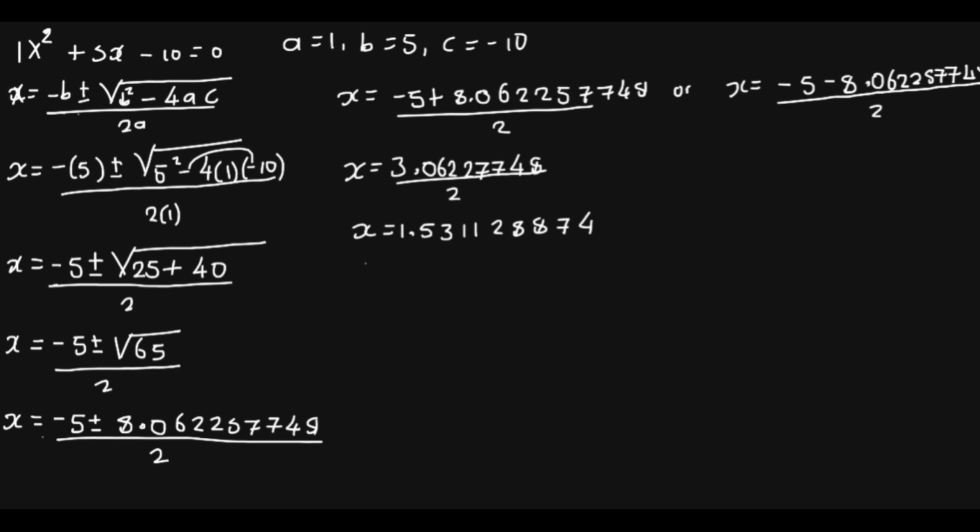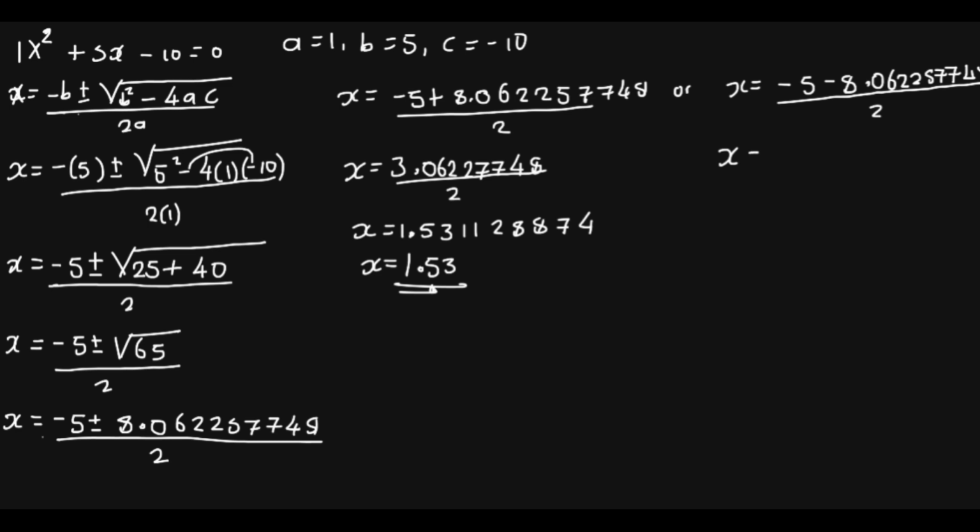So now we can get our approximation. It depends on the need of the paper or the standard of your exams in your country. Like in Zambia, for this question we are advised to round it off correct to 2 decimal places. So rounding this answer correct to 2 decimal places, we are going to have 1.53, since the number after 3 is less than 5.